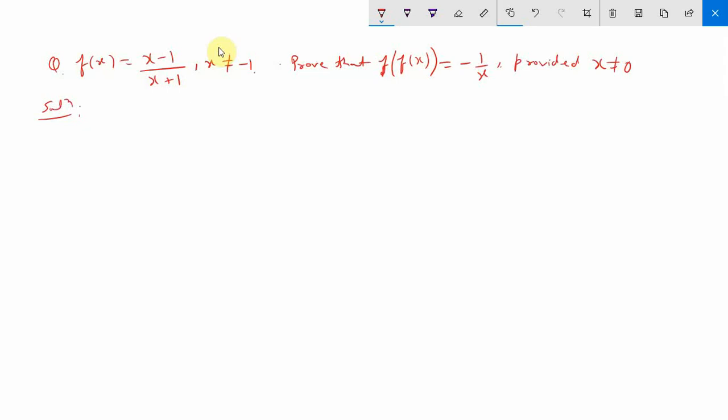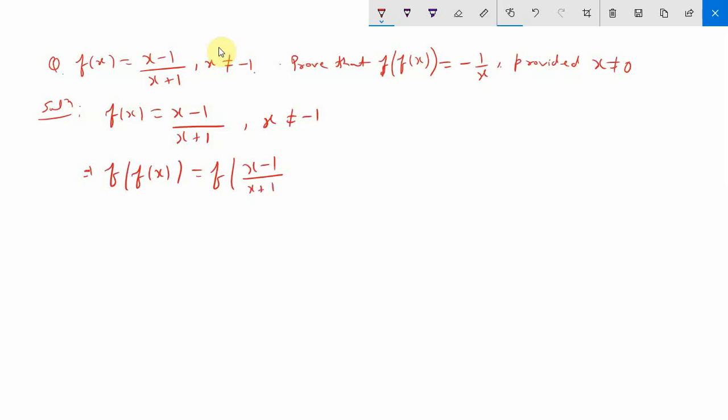So we will calculate as we have been given f(x) equal to (x minus 1) by (x plus 1), and x is not equal to minus 1. So f of f(x) will be f of (x minus 1) by (x plus 1).